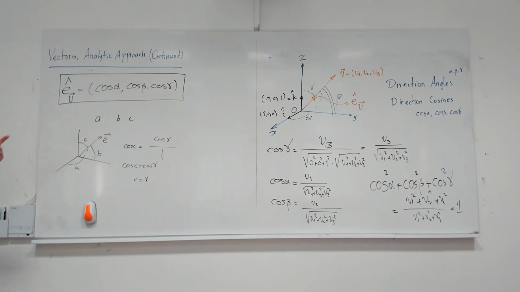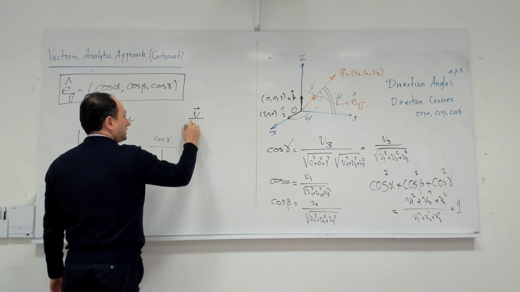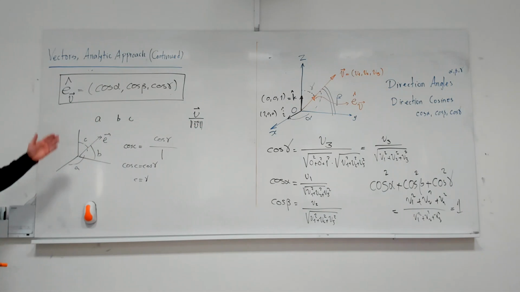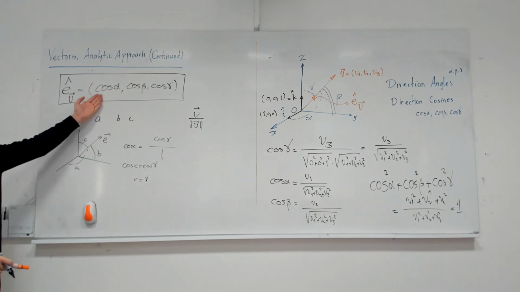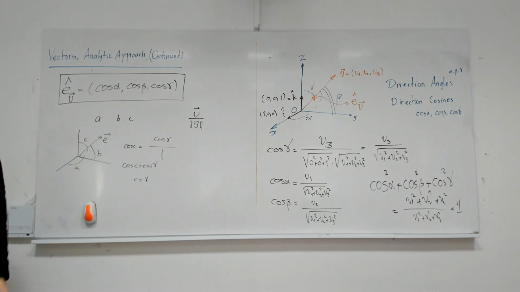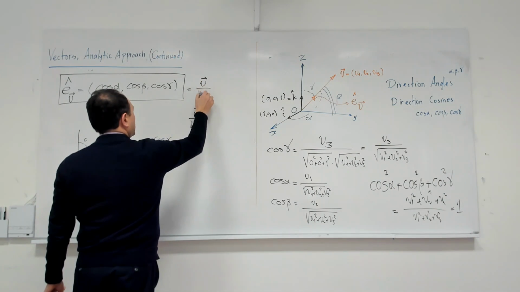If I give you a vector and you want to find the unit vector on that vector, one way, of course, is to take that vector and divide it by the norm of that vector. But you can also write the direction cosines as the components. Automatically, you generate EV. So this is exactly V over the norm of V.